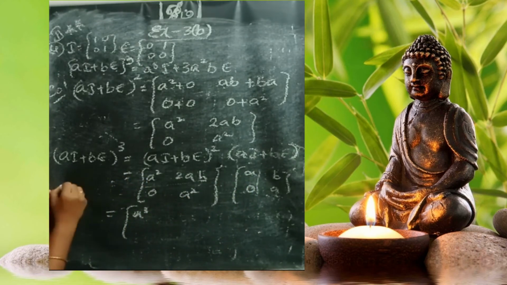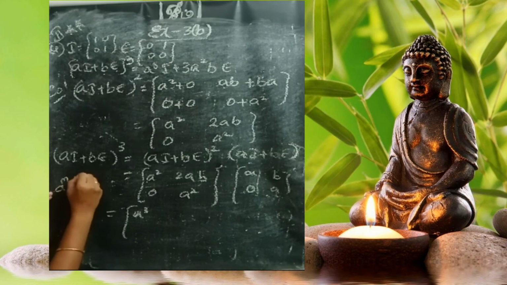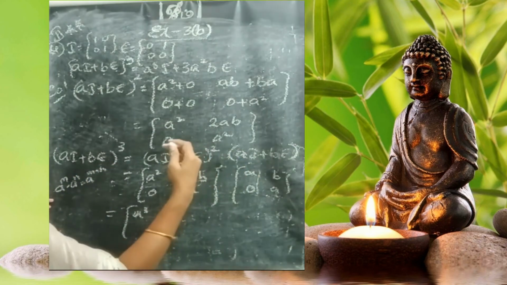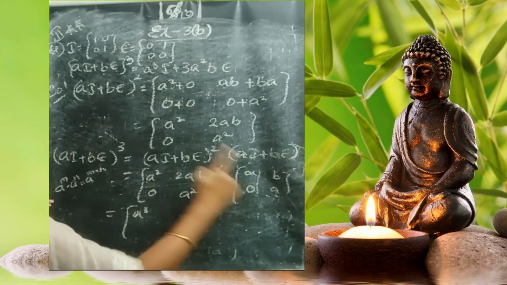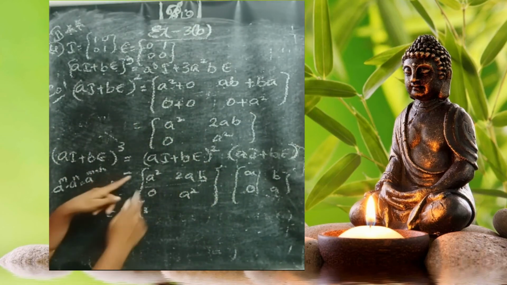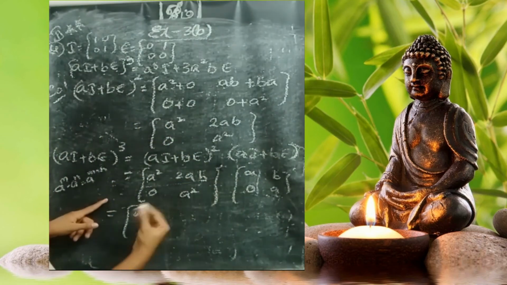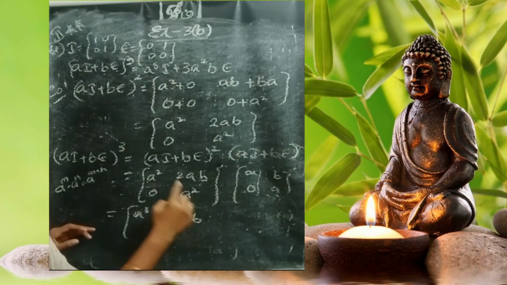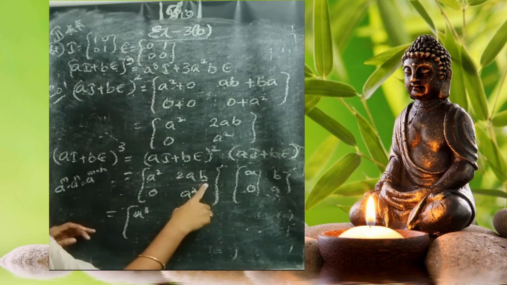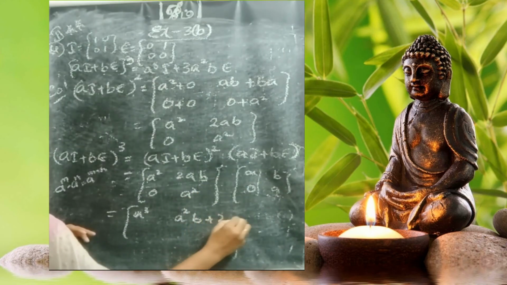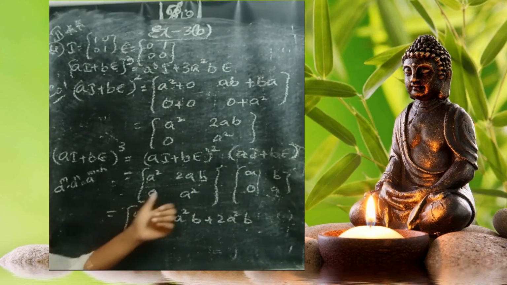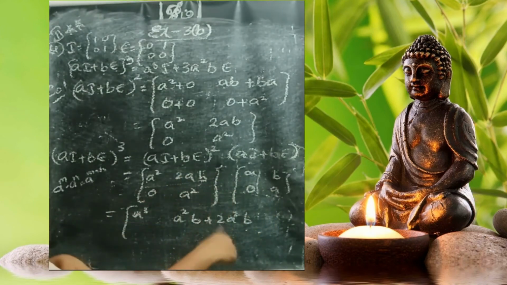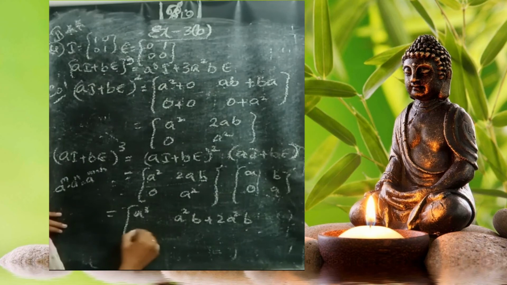A power m into A power n equals A power m plus n. If a power is not shown, it equals 1 only. Next, 2AB into 0, 0, leave it. A square into B is A square B. 2AB into A is 2A square B. Why? Because here it is multiplication, so A will be squared. 2A square B. 0.